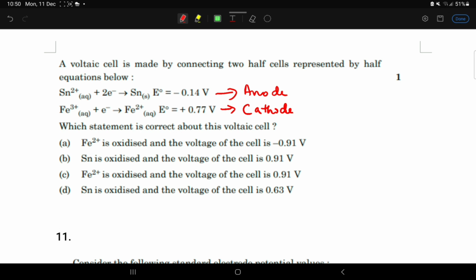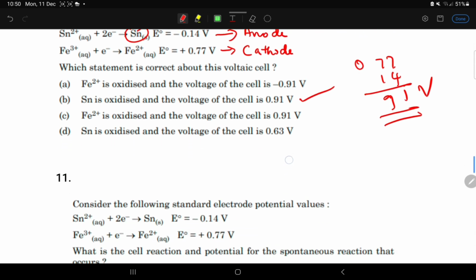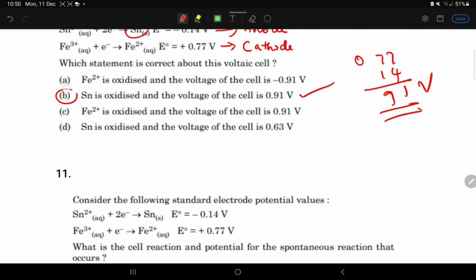So Sn is oxidized, and when we calculate the voltage, 0.77 minus 0.14, that will be 0.91 volt. Anode will undergo oxidation, so Sn will be oxidized and voltage of 0.91 volt, that's the correct statement. So our option is B.